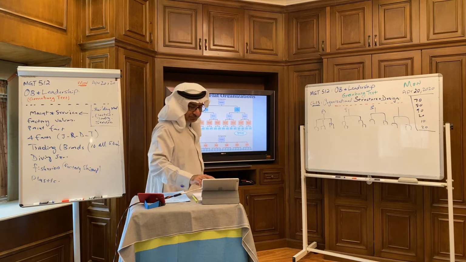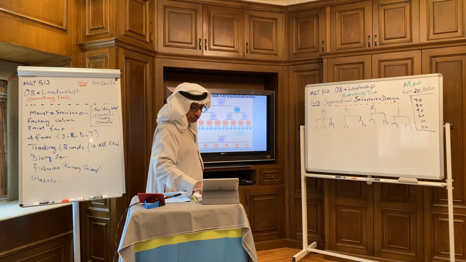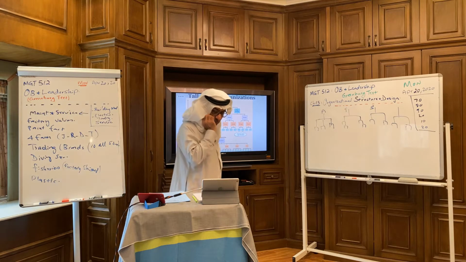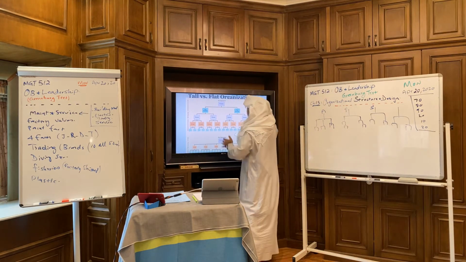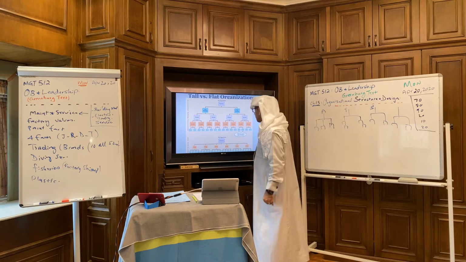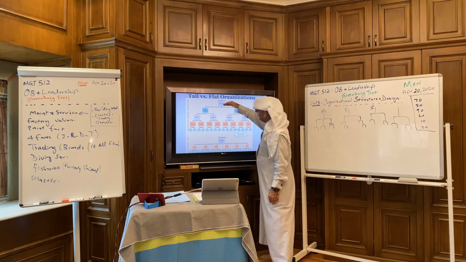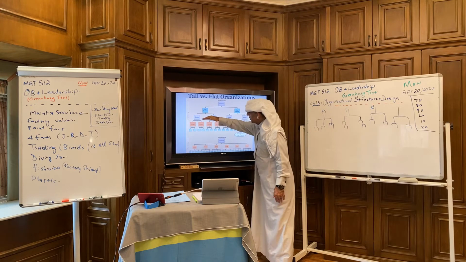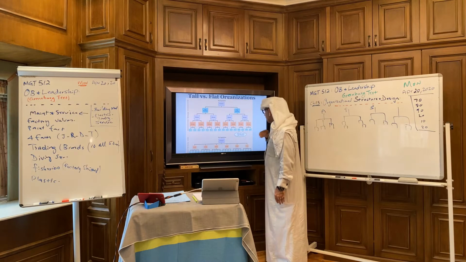This is the difference between tall versus flat organization. This is a tall organization. We have a president, vice president, director, manager, worker, and another vice president.